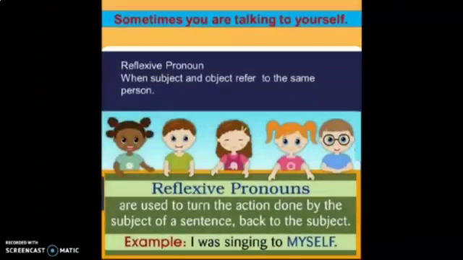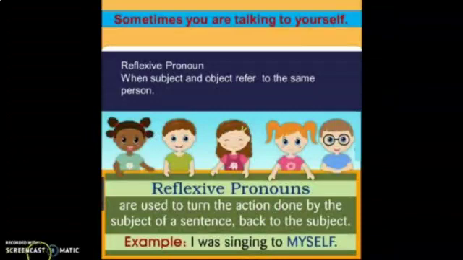A reflexive pronoun is used when the subject and object refer to the same person, when both are the same. So reflexive pronouns are used to turn the action done by the subject of a sentence back to the subject.